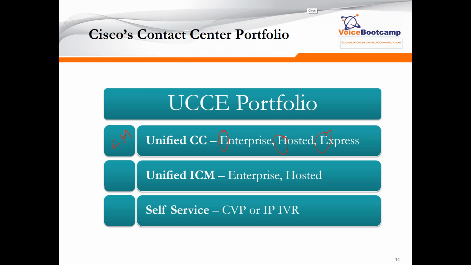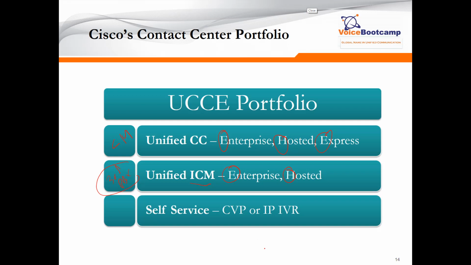If you use a third-party PBX, then we usually call the solution Unified ICM-E or ICM-H. So whenever you use the word ICM, that means you're using a third-party PBX. Both UCCE and ICM are basically the same product. However, what makes the difference is what kind of PBX you're connecting to. If it is a third-party PBX, it is ICM Enterprise and Hosted.